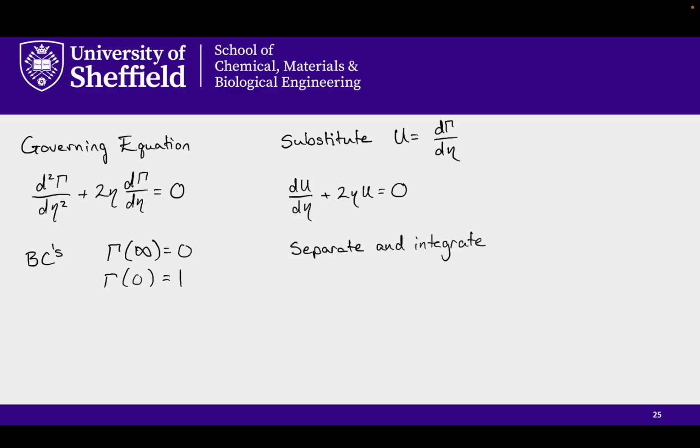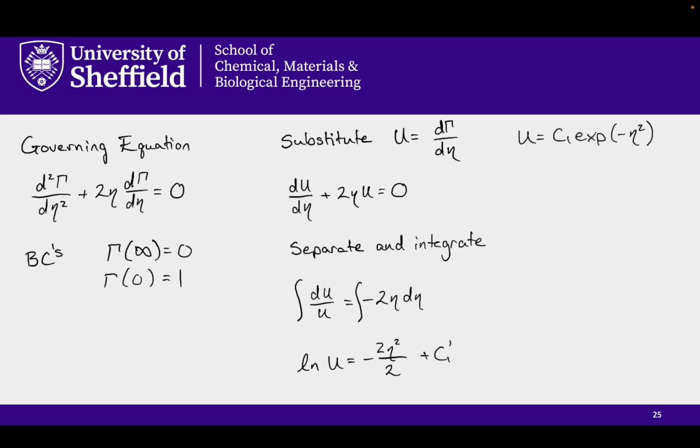And when we do that, we're able to separate and integrate this equation. So we do that separation, then we integrate, we get an expression in terms of natural log of u, and then we can solve for u. And I'm being a little rough with this variable c1. I'm calling it c1 prime so that we can say that the variable, when exponentiated, is equal to c1.